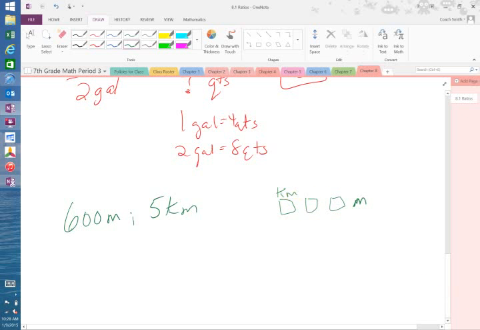This is kilometers. So to go from kilometers to meters, it's 1, 2, 3 places. So we take the 5 and we go once, twice, 3 times. So that's 600 meters and 5,000 meters.